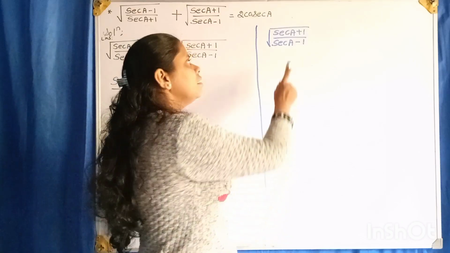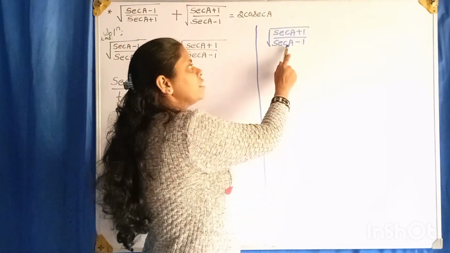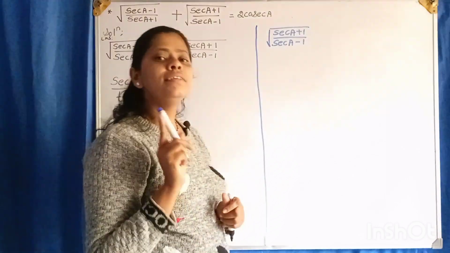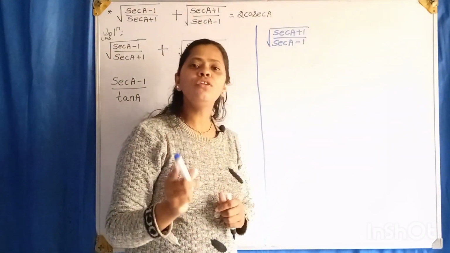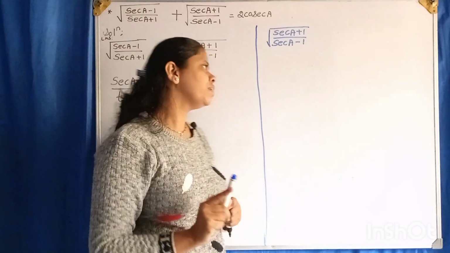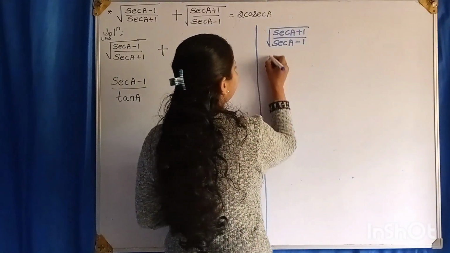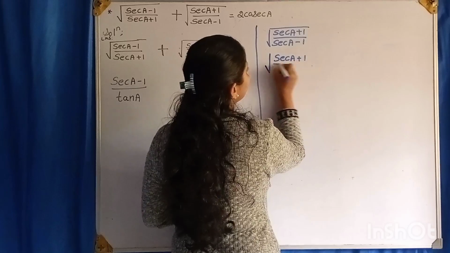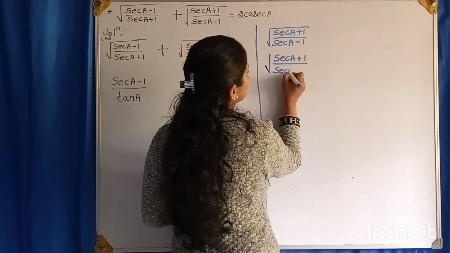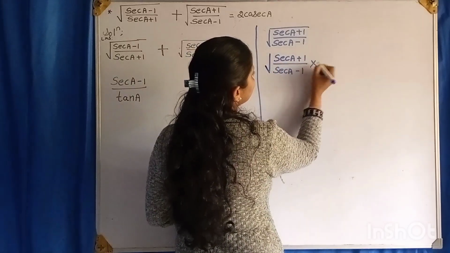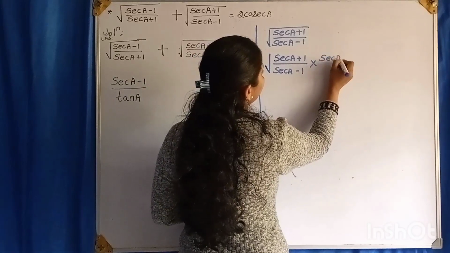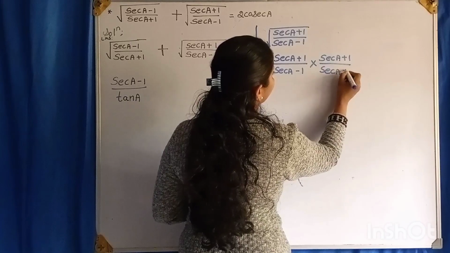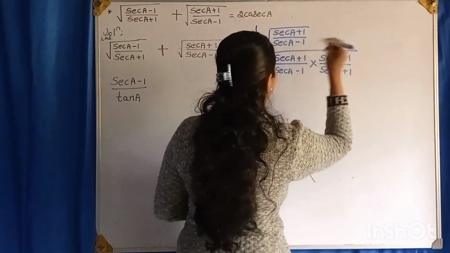In the denominator we have secant A minus 1, so we will multiply secant A plus 1 to the numerator and to the denominator. That is, secant A plus 1 divided by secant A minus 1 into secant A plus 1 divided by secant A plus 1.